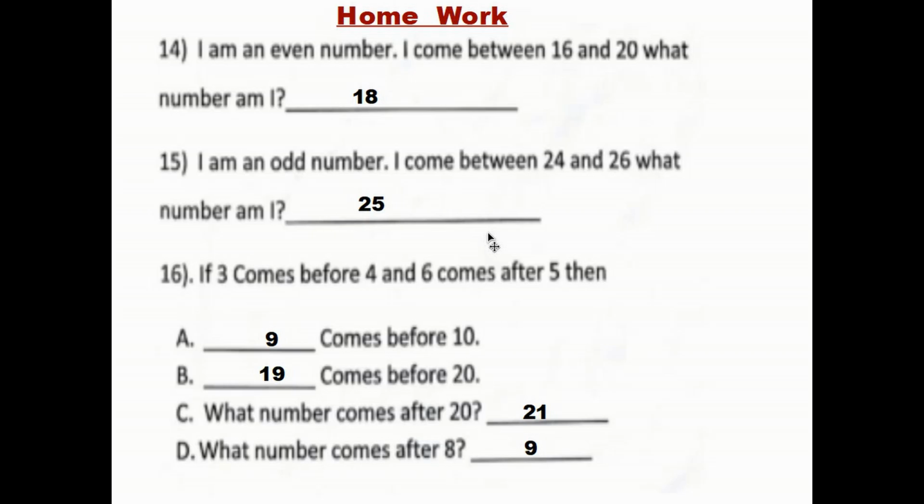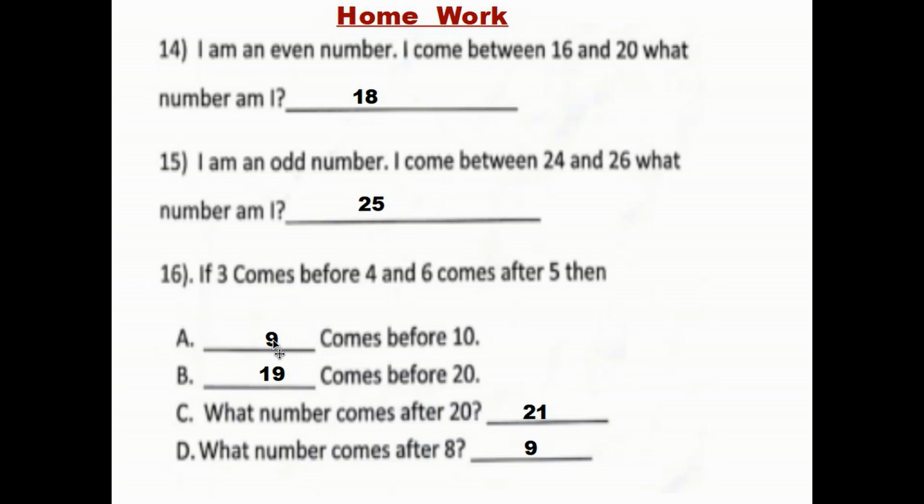Excellent. Number 16. If 3 comes before 4 and 6 comes after 5, then dash comes before 10. What is it?